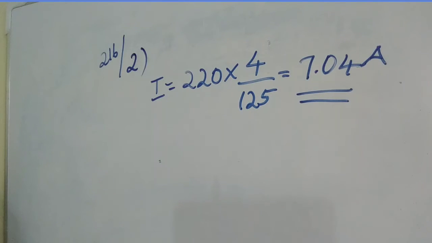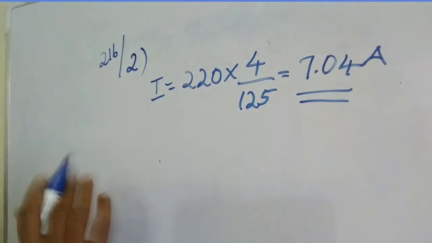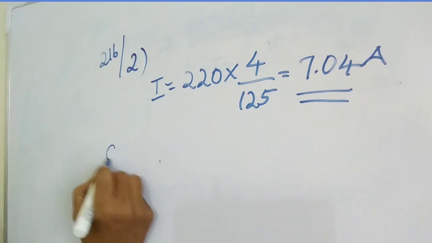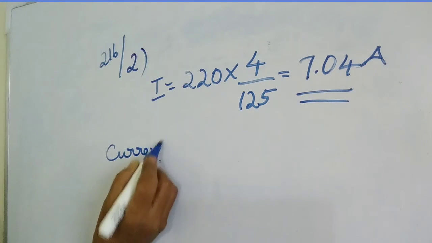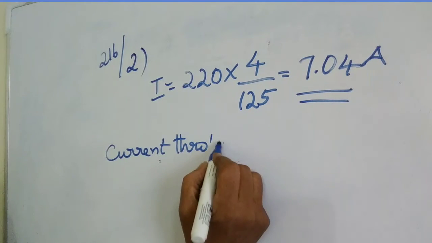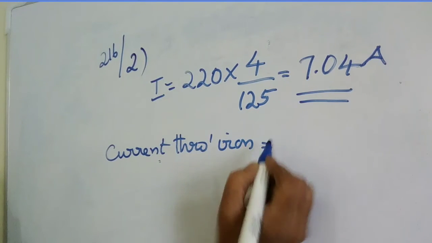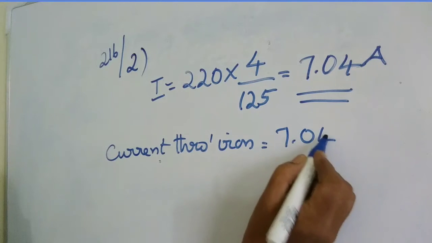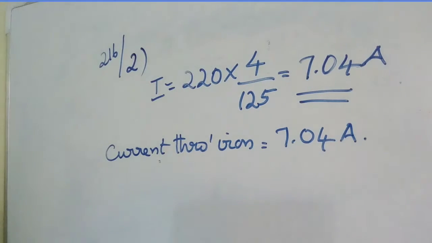It is connected to the same source, that is 220 volts applied, and the current taken by the appliances is the same, that is 7.04 ampere. The current through the iron is how much? 7.04 amperes.